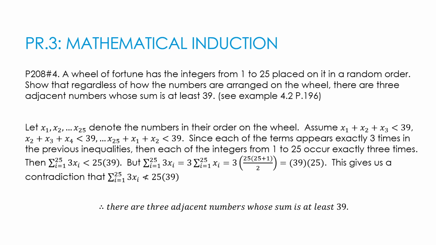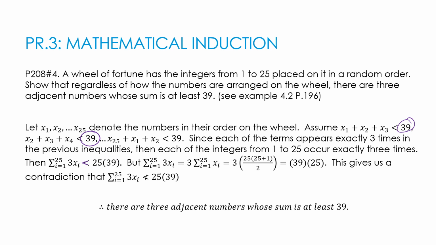The summation from 1 to 25 of 3 xi is less than 25 times 39. Where did I get that? So, by the way, this is not a proof by mathematical induction. This is a summation formula. I think you probably got that. Where did 25 times 39 come from? Well, I'm saying that each of these is less than 39, and there's 25 total sums. Therefore, the total sum has to be less than 25 times 39.